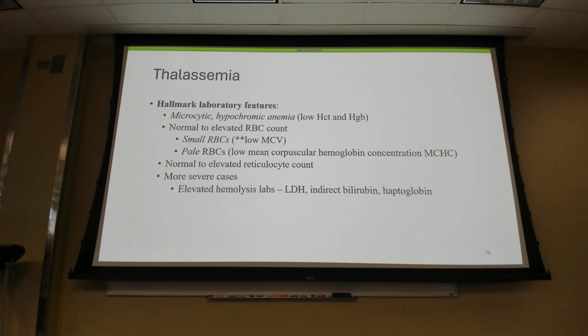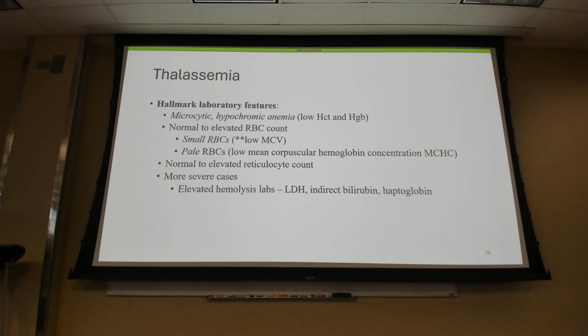Hallmark of the disease, microcytic hypochromic anemia, right? Very small cells, and you always say the MCV is out of proportion to the amount of anemia. The cells tend to be very, very small with the thalassemias.